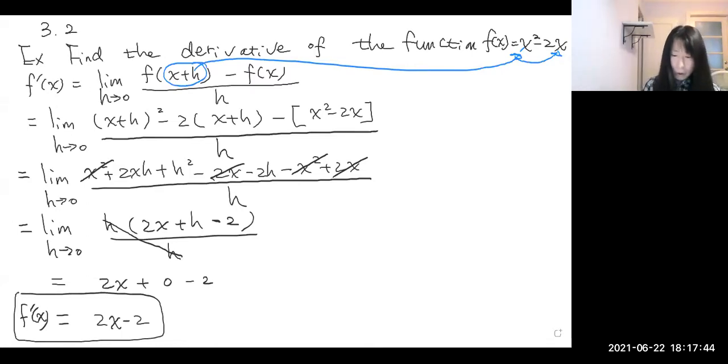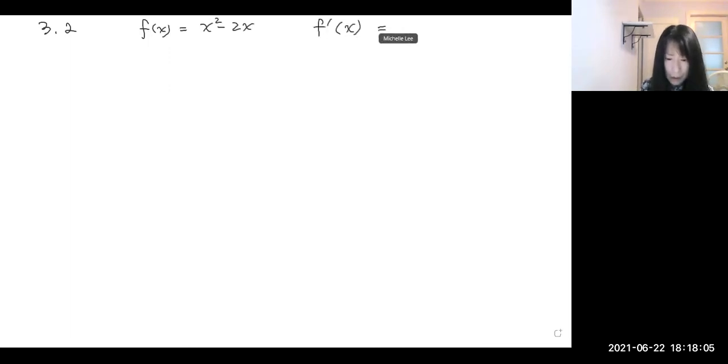All right, let me talk about this one. So we had the function notation we just did. Then we conclude f prime of x equal to 2x minus 2. What if we change that to the equation notation, which is y?